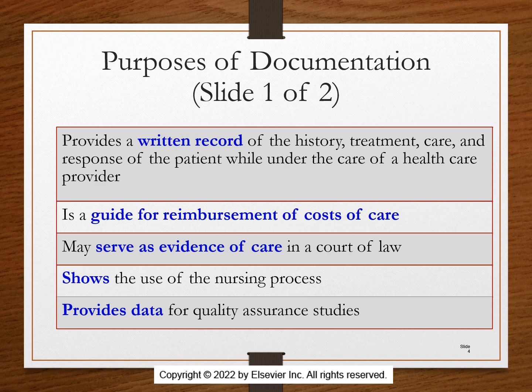Even supplies that we use are documented. When you go into the supply room at the hospital and you get supplies for the patient, they may need a urinal, or even just a needle to give them an injection.